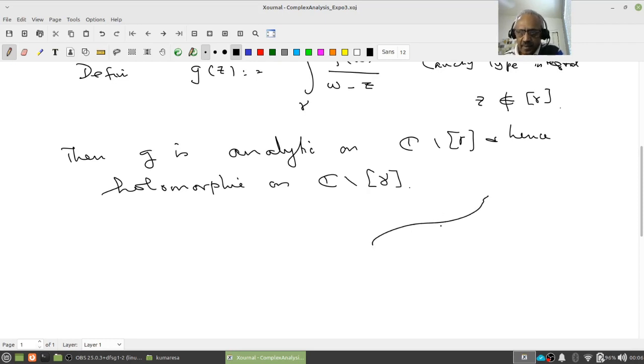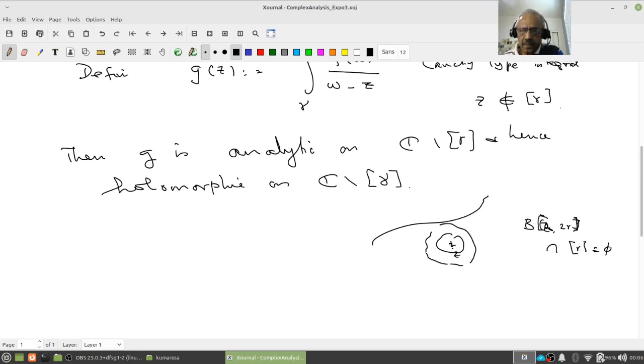and choose a z there. Then you can choose an r such that the ball B(z, r), if you want even take the closed one, intersected with gamma is empty, because gamma is a compact set, you can always choose such a thing.